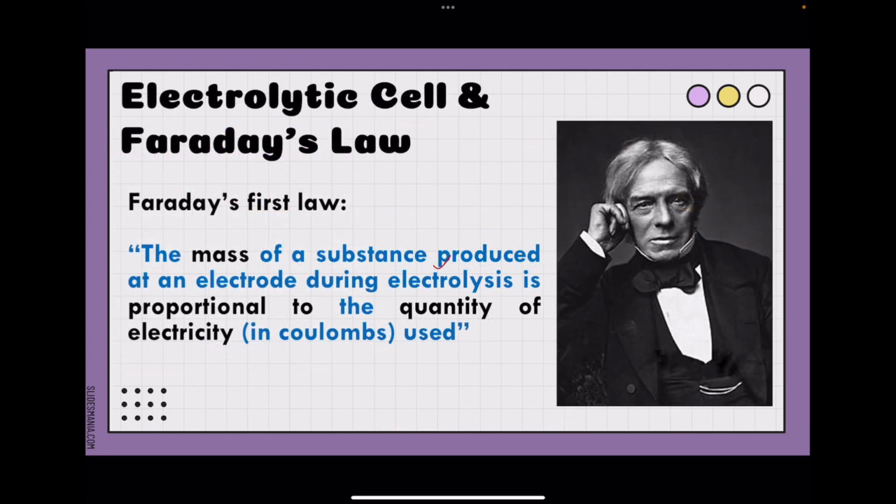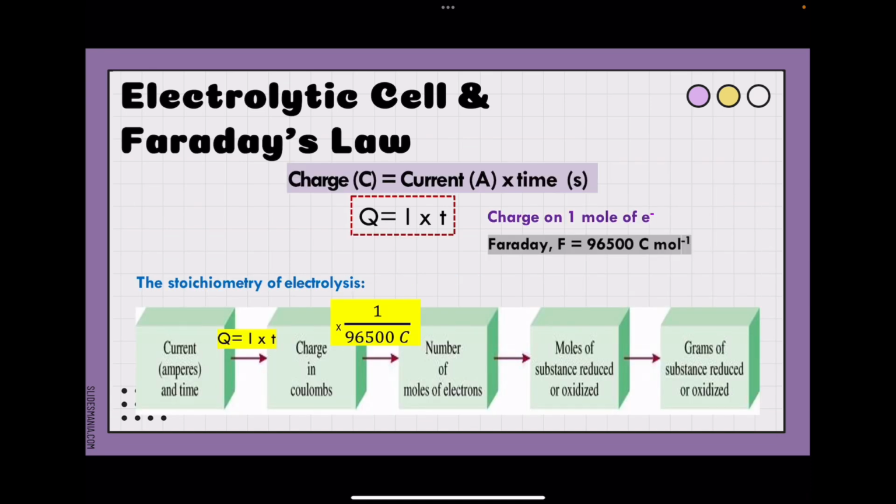Now we move to the electrolytic cell and Faraday's law. Faraday's first law states that the mass of a substance produced at an electrode during electrolysis is proportional to the quantity of electricity passed through the electrolyte. The charge Q is equal to current multiplied by time, Q equals I times t.